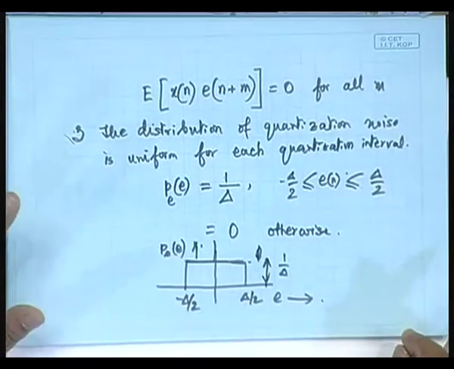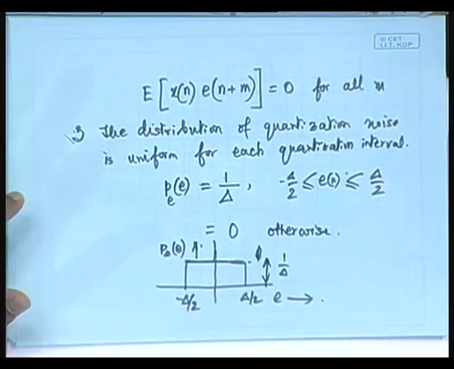So, this is the third property. So, three very important, not properties, rather I should say assumptions. Okay. So, what are the assumptions? That it is a stationary white noise process, which means to say that the error samples are completely uncorrelated with each other.